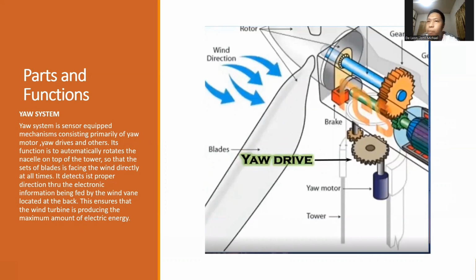Yung wind vane yung parang pa-triangle na nasa likod, yung pinaka nasa likod. And this ensures that the wind turbine is producing the maximum output of electricity. Yun yung nagro-rotate na gano'n para tumapat siya sa direction ng wind. Next.